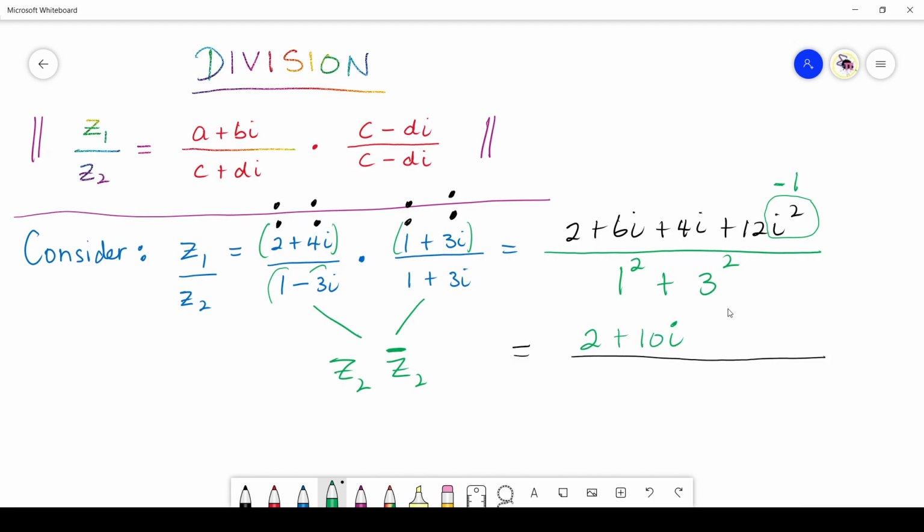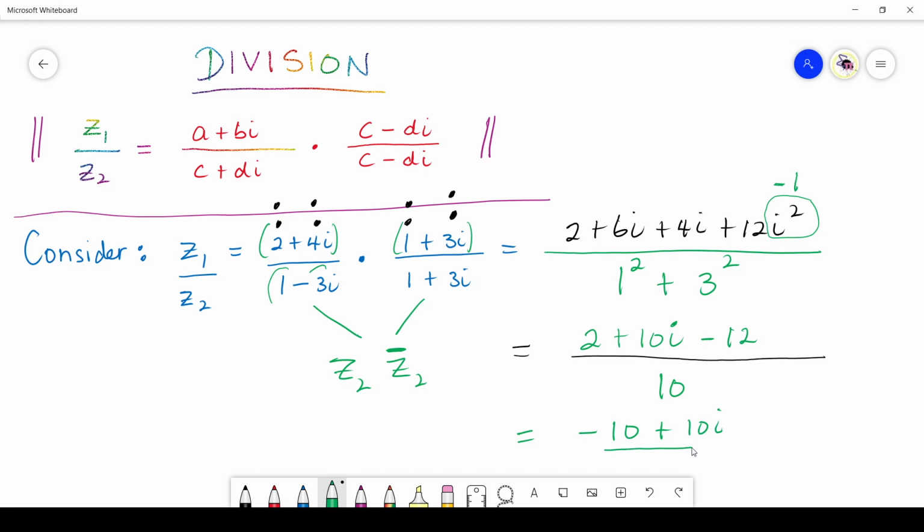And we're also going to get -12 because i squared gives us -1, and -1 multiplied by 12 gives us -12 on the top. That's good. On the bottom, we have 1 squared, which is 1, plus 3 squared, which is 9. So that's 9 plus 1 gives us 10. And then finally, we clean that top up to get -10 plus 10i.